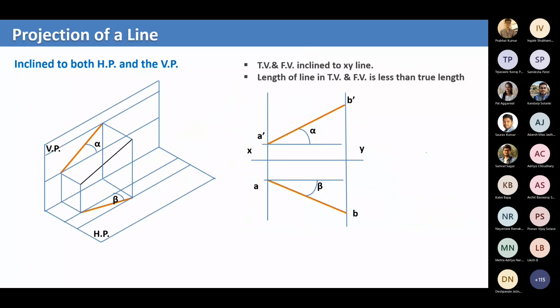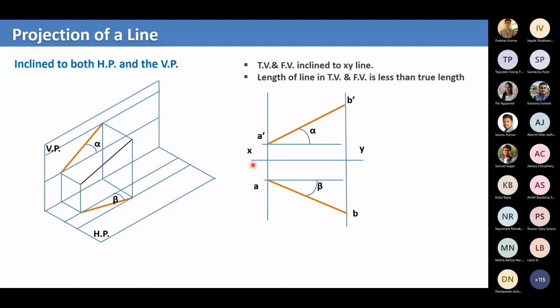So now this is our main line. Why we wanted to take up auxiliary planes, we'll discuss here. Here we have a line which is inclined to both HP and VP. This is the line AB, capital A, capital B. When you take the front view, you get this projection, and when you take the top view, you get this projection.